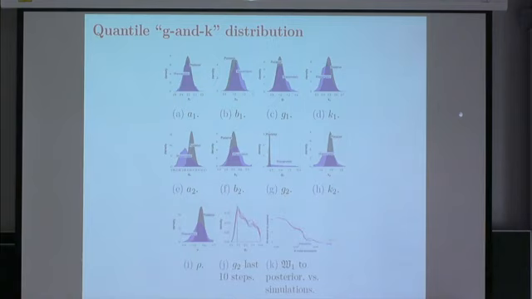Regular ABC does worse than that, but it means that the ABC approach, even in this framework, has difficulties to infer about the g. While for the rho, and again, it's not immensely surprising, we do get something that is close to the true posterior.